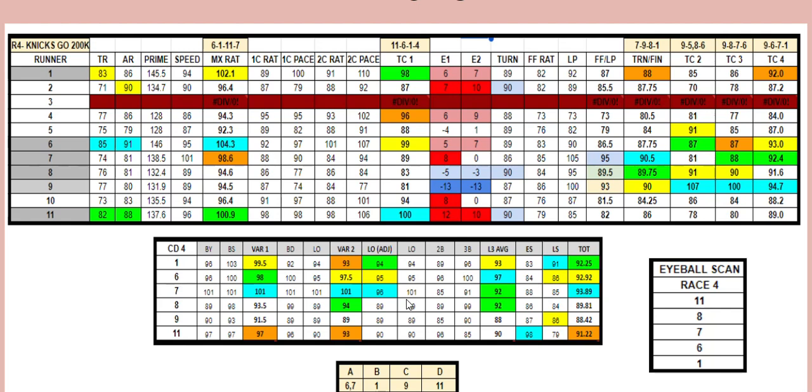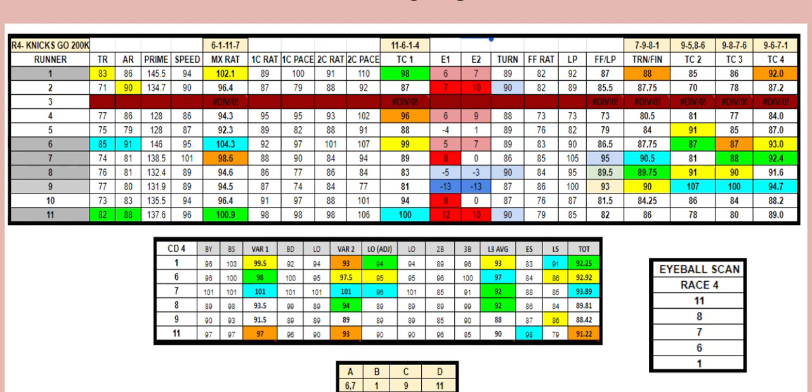Now, when I did my analysis and my breakdown, as you can see up here, I have 1, 2, 3, 4, 5, and 6 different rankings for the runners. Over here, I have my matrix grid ranking. Over here, I have my thorough capping 1 ranking, or thorough capping rating 1 ranking.